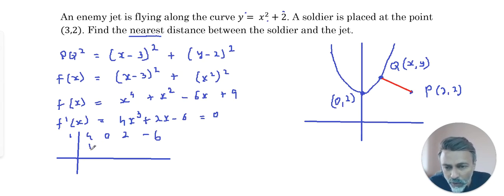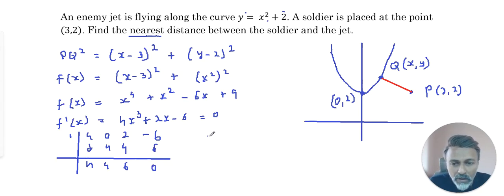Let's drop this 4 down. So we have 4. 4 ones are 4. We write that 4 here. 0 plus 4 is 4. 4 ones are 4. Let's put that 4 here. 2 plus 4 is 6. 6 ones are 6. So minus 6 plus 6 is 0.